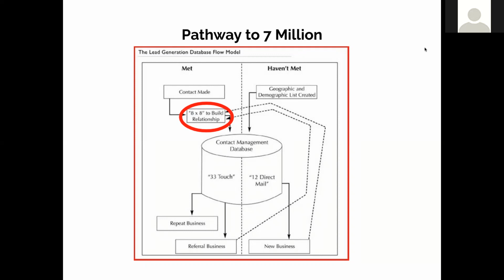So let's get right through to the 8x8. The updated 8x8 plan is as follows. You are going to do these steps, one step every day with new people that you add into your database, and then it's going to compound on top of each other. So the first day you'll be dealing with 5 people a day in the first week. The second week, you're going to be doing step 1 with 5 new people and step 2 with the 5 people the previous week.